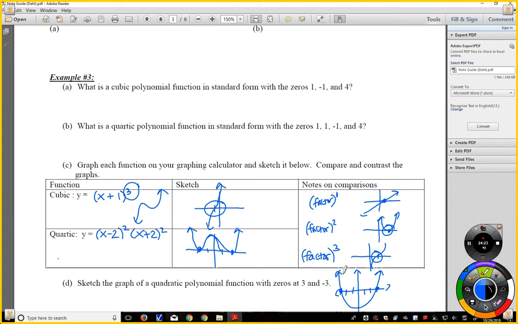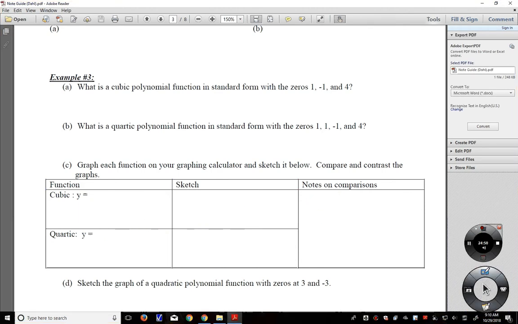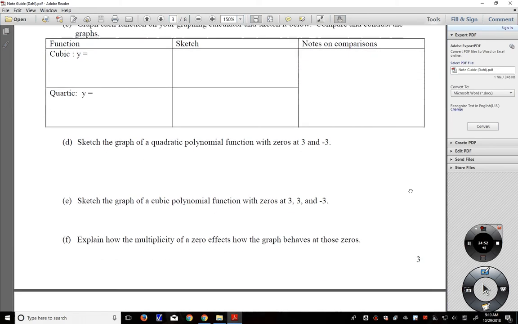It's going through the x-axis along the curve. I'll give you guys a couple of minutes because when I change the screen, what it's going to tell us to graph is going to give us multiplicities of zeros, okay?